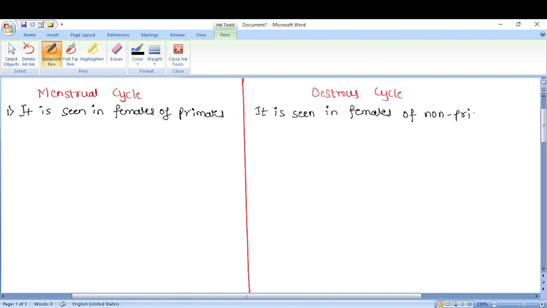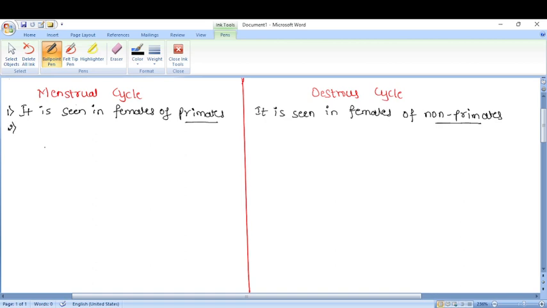Remember, now what are primates and non-primates? These are mammals classified into two types based on their brain size. The mammals which have a large brain size are called primates, and the mammals which have a small brain size are called non-primates. In primates, the menstrual cycle is seen, and in non-primates, the oestrus cycle is seen.